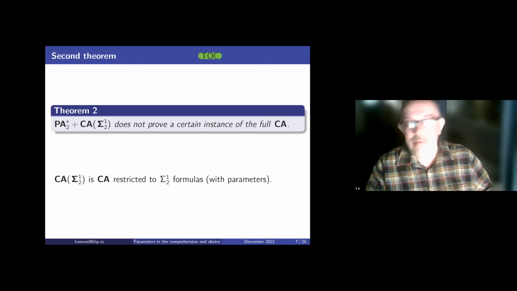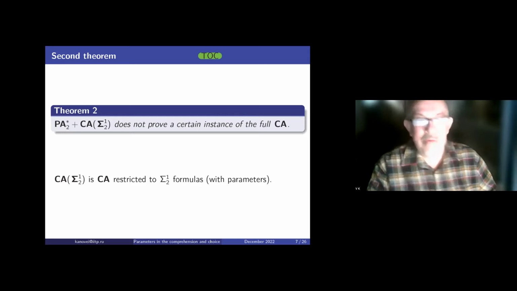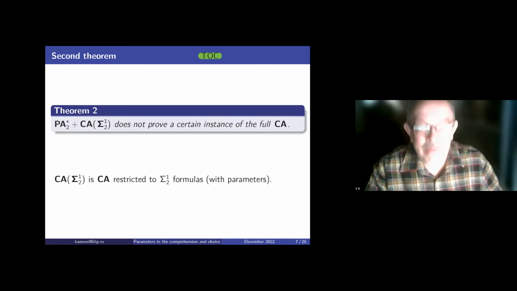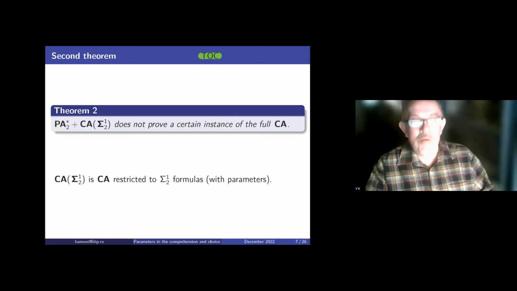So this is a very strong sub-theory of second-order PA. And even this strong subtheory somehow fails to prove a certain instance of the full comprehension. Of course, this instance has to be more complex than sigma 1,2.